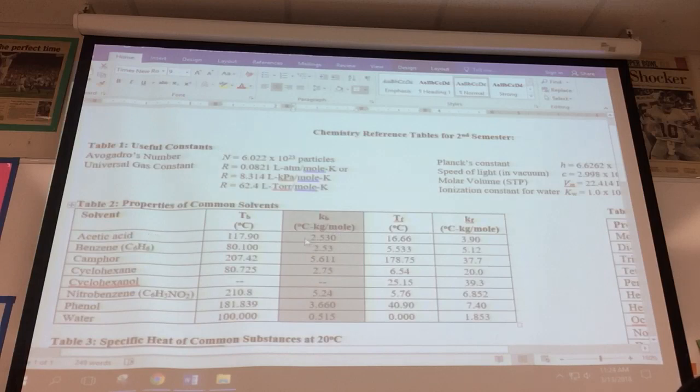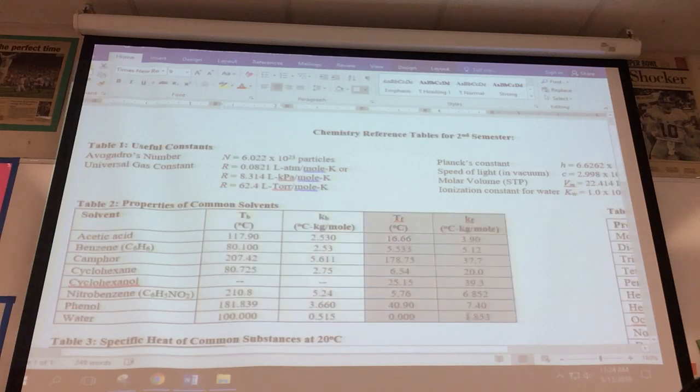Acetic acid has a molal boiling point constant of 2.530 degrees Celsius per molal. Benzene, 2.53 degrees Celsius per molal. Water has a molal boiling point constant of 0.515 degrees Celsius per molal. So for boiling point type problems, we'll be using these first two columns.